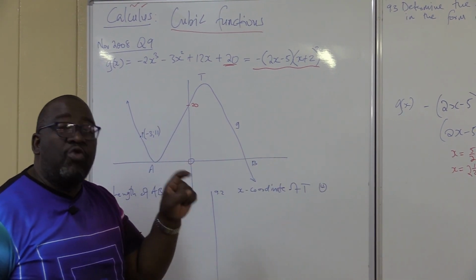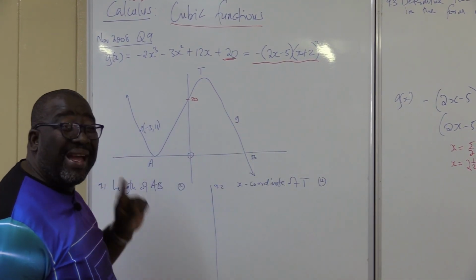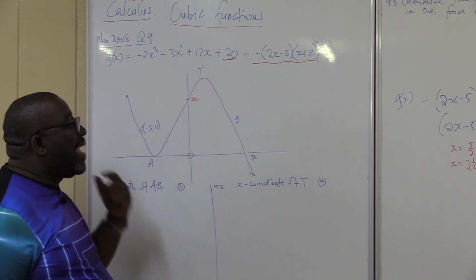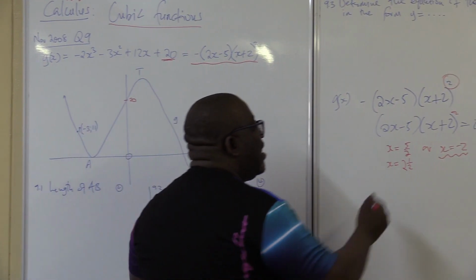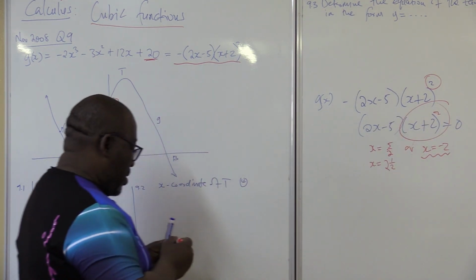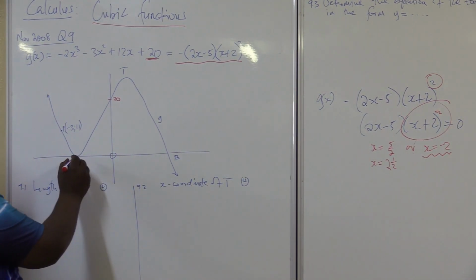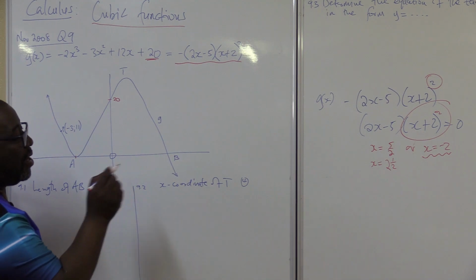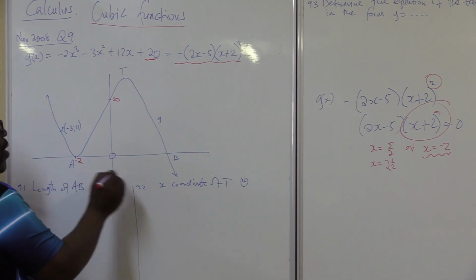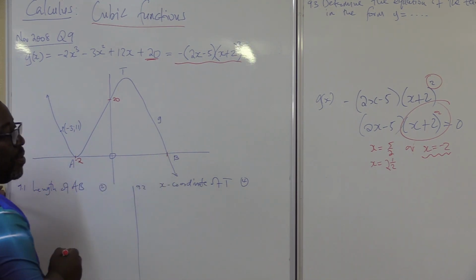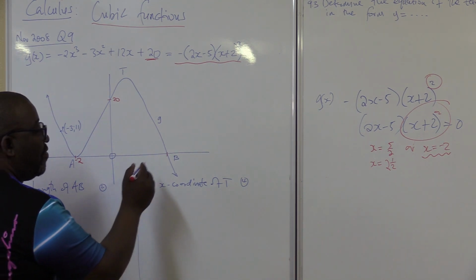Hence the positive root will go this side and the negative root will go this side. And I can tell that it will be a turning point because of that square. Now I know exactly the value of this point, therefore. It will be minus 2. What will be the value of this point then? It will be 2.5 or 5 over 2.